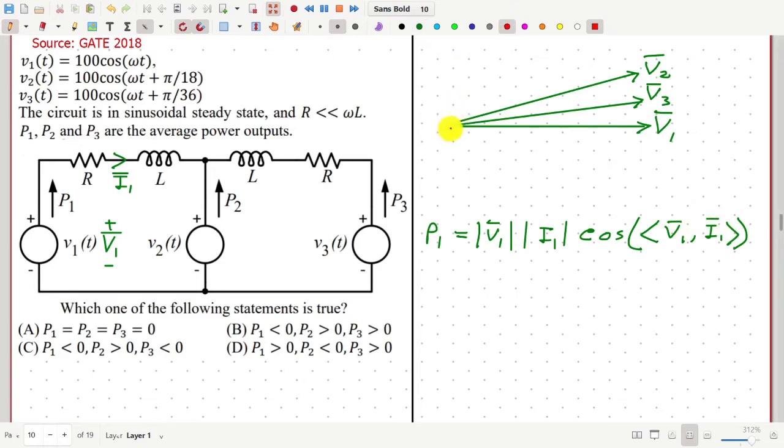Now, where is the phasor I1 in this diagram?